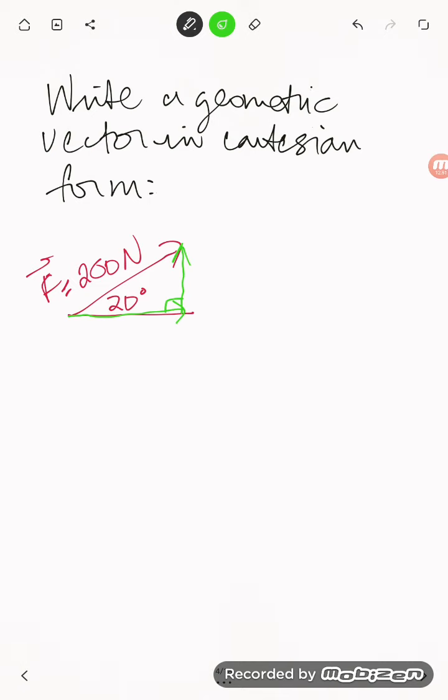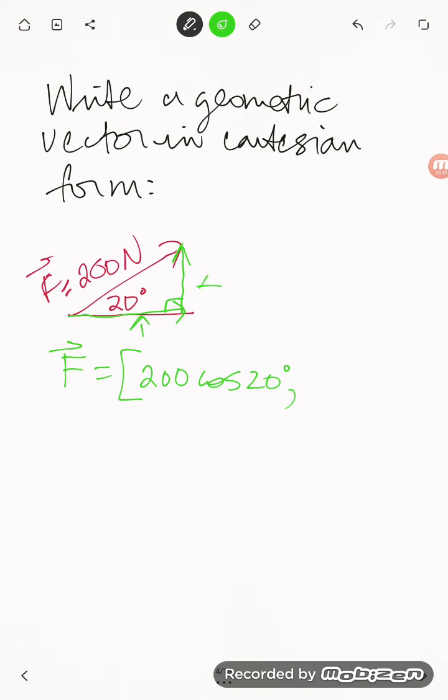And so vector F can be written as a Cartesian vector by simply doing the horizontal component of vector F, which would be 200 cos 20 degrees. And the reason for that is that the horizontal component is adjacent to 20 degrees.